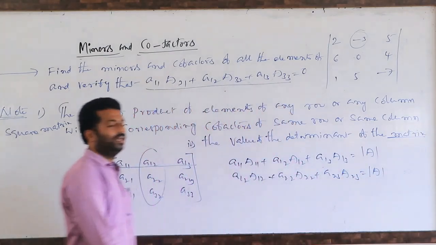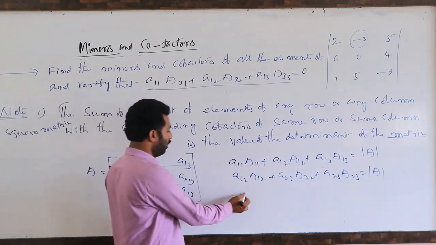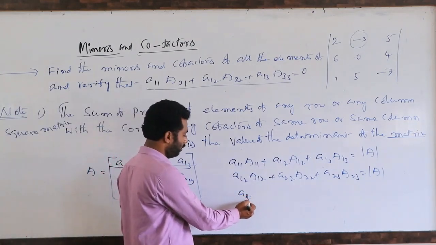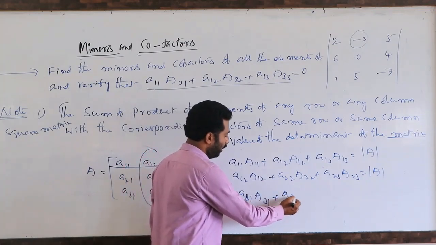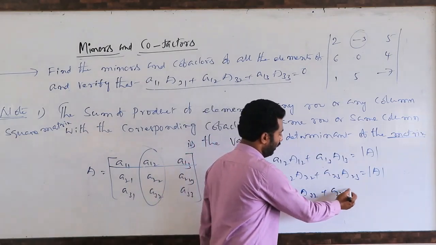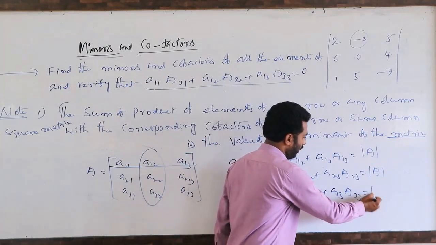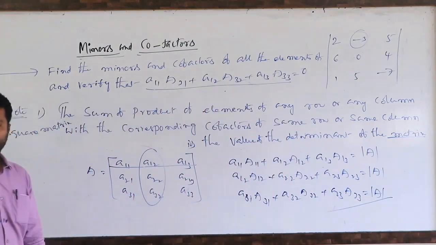That is the determinant of A. Take the third row. What is the third row? A31 into capital A31, A32 into capital A32, A33 into capital A33 is always the determinant of the square matrix.